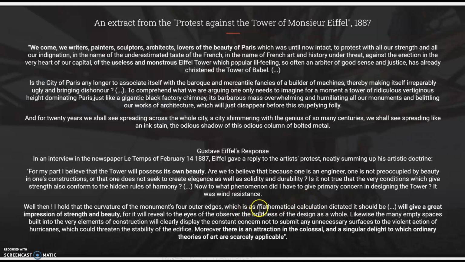He makes specific reference to the mathematics, the curvature, strength, and beauty of the building. So this is a really good piece of writing to support ideas about what modern architects are trying to do.